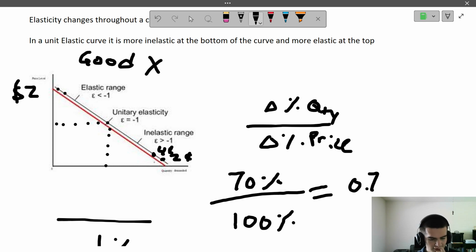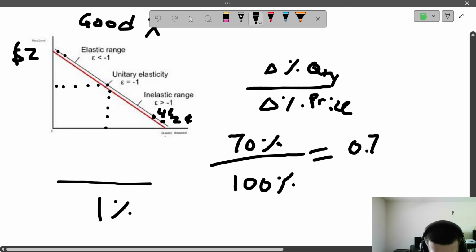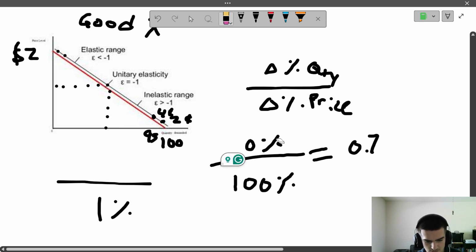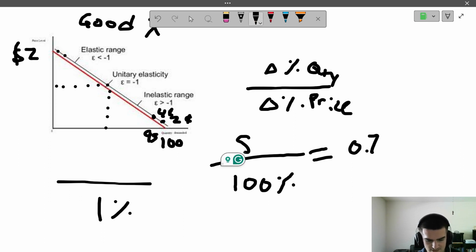Oh wait, I apologize. See, let's say this was 100 and this was 95. The percent is 5%.